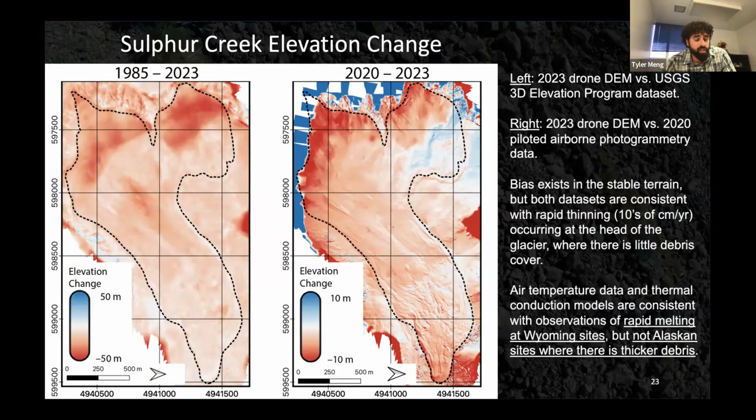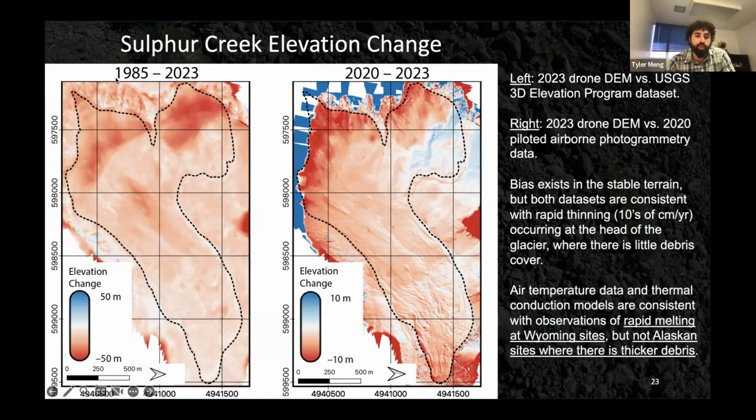And the results are similar in that both off glacier stable ground regions are biased, but on glacier, we do see a signal that appears to exceed the bias off glacier, which we're interpreting as this enhanced melt signal, which this region right here in the middle of Sulphur Creek, that is consistent with the area in the horizontal change detection that we saw was actually collapsing inwards.